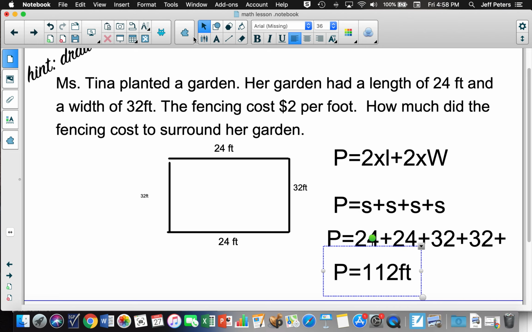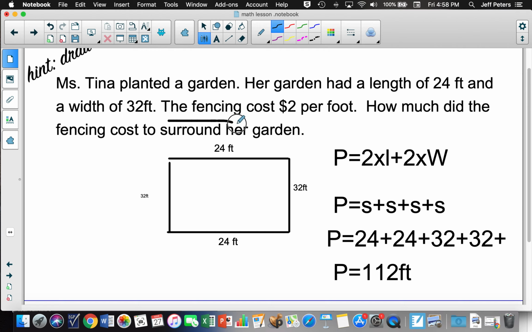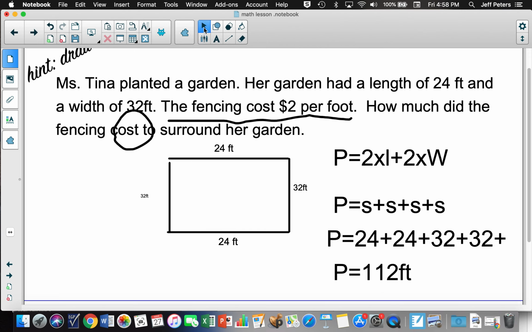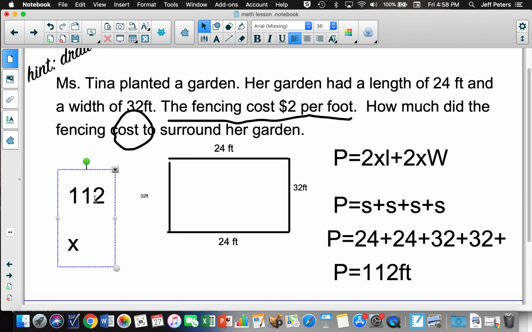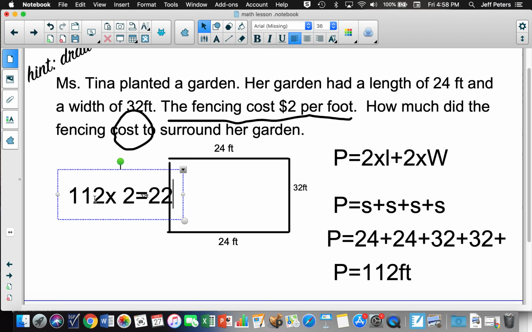So now let's go back up to the question again. And it tells us that the fencing is $2 per foot, and we're looking to figure out how much it cost. So if it's $2 for every foot, and we have 112 feet, we're going to go ahead and multiply 112 times 2, and that's going to give us 224.